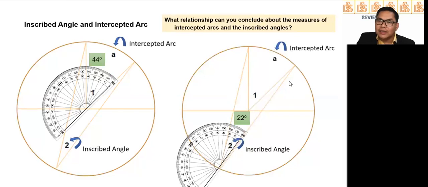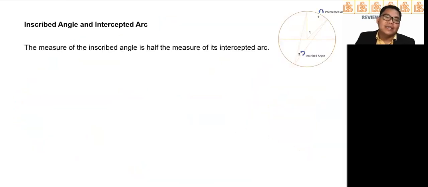What can you say about it? It is very clear that the measure of the intercepted arc is twice the inscribed angle, or the measure of the inscribed angle is half of the intercepted arc. So this is our conclusion: the measure of the inscribed angle is half the measure of its intercepted arc.